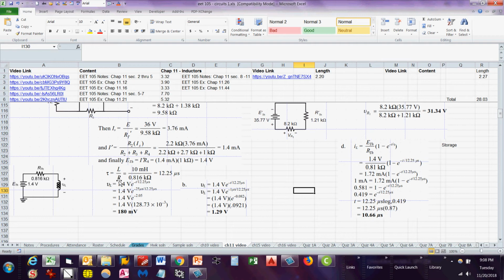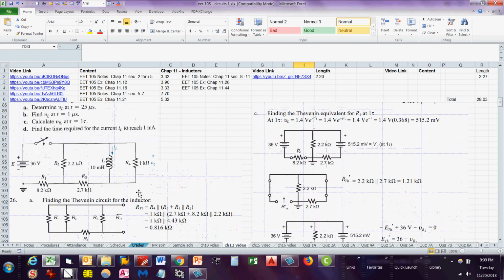Tau is equal to L over R, that's 10 millihenries divided by 0.816 kiloohms, 12.25 microseconds. So for the storage voltage, this is the formula. The 1.4 V times e to the minus t divided by 12.25 microseconds.